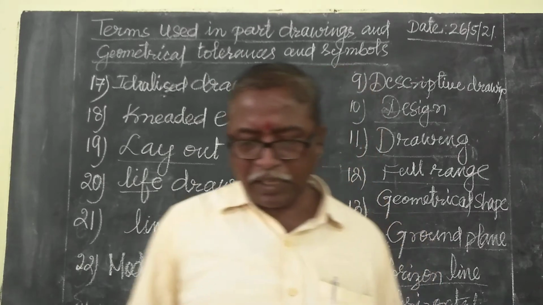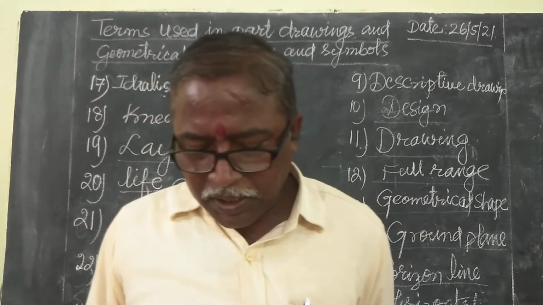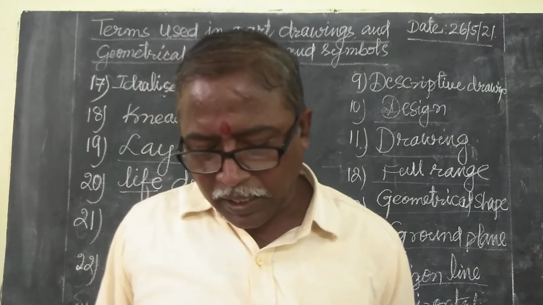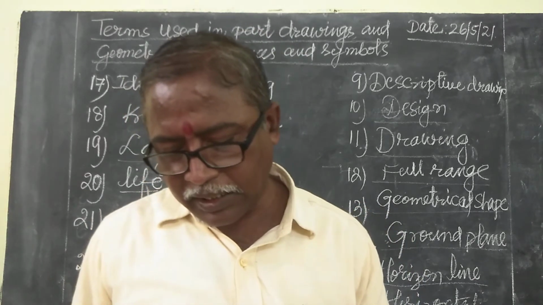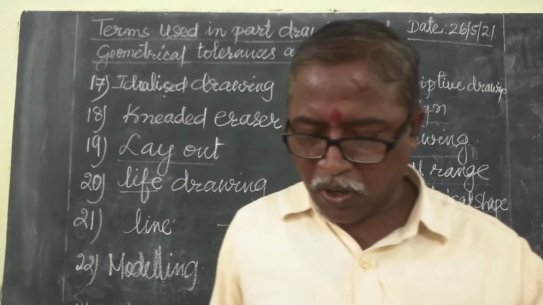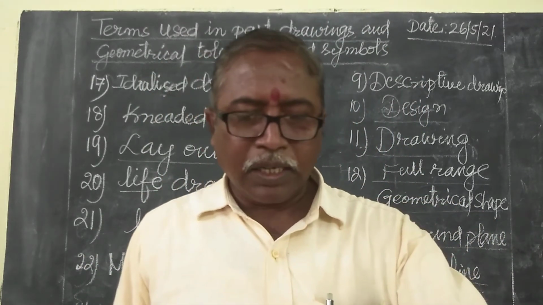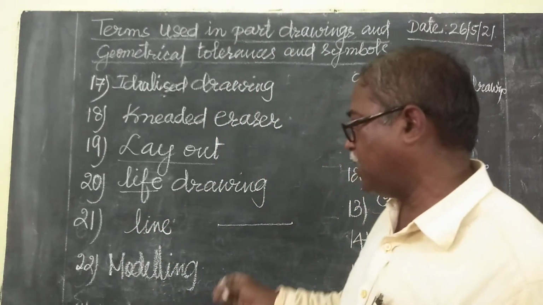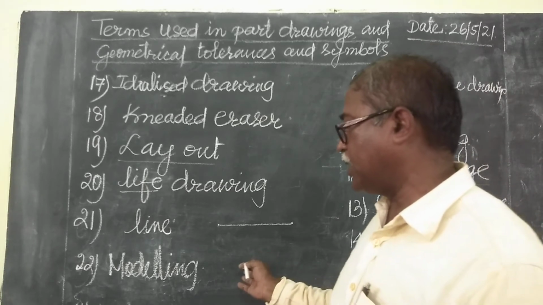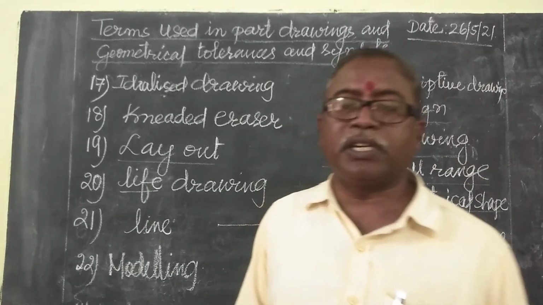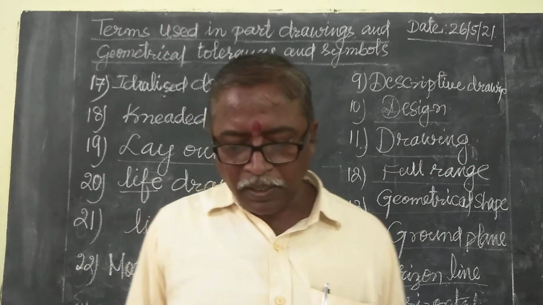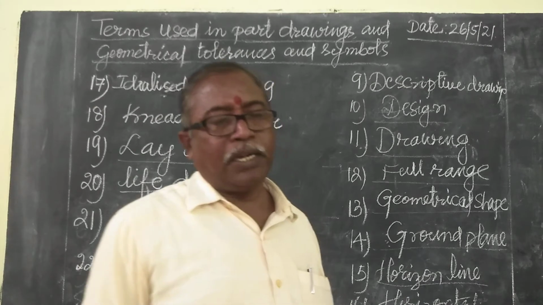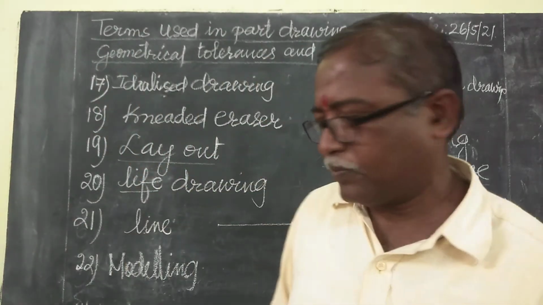The change from light to dark across the surface is a technique for creating the illusion of form or shape. Illusion means when you are seeing, your vision will be there, that is the figure as it is visible, that is illusion. That is modeling.